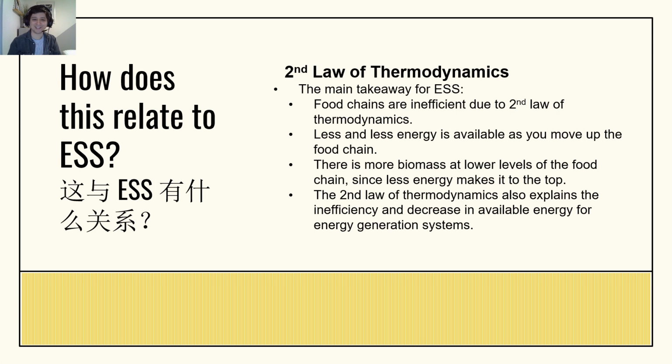They tend to be inefficient, and they tend to decrease in available energy over time. We're trying to solve this, but it's a tricky problem, and that's where the second law of thermodynamics comes in.